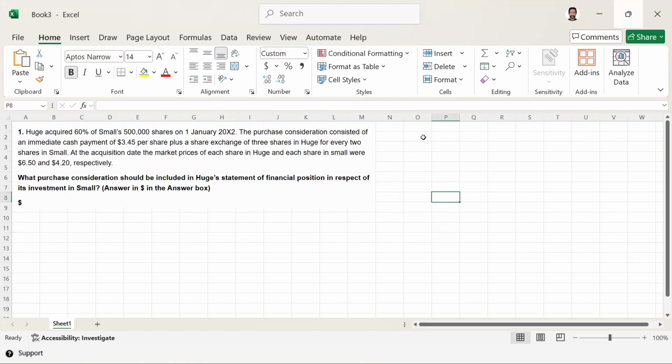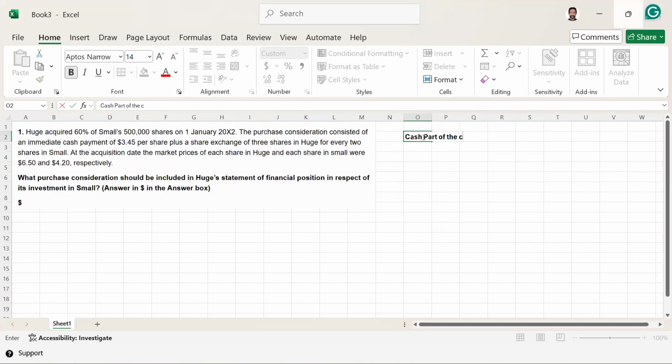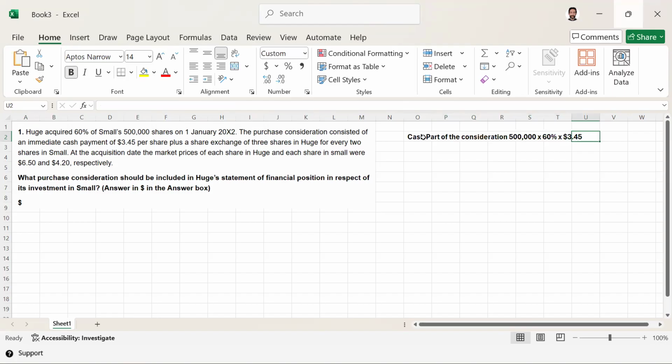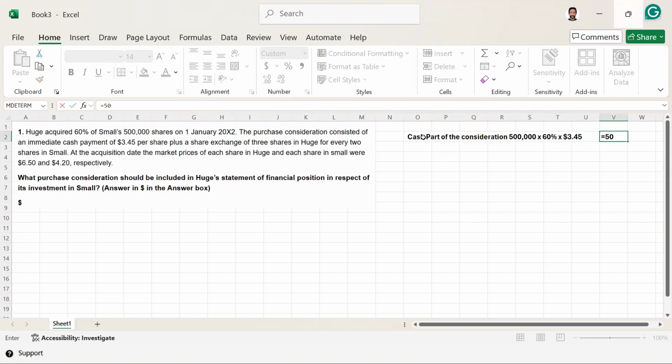The cash part of the consideration: total number of shares were 500,000, we acquired 60%, and the dollar value is 3.45. This is the amount of money that we have paid. So let's first calculate the number of shares, which is 300,000, and multiply by 3.45.